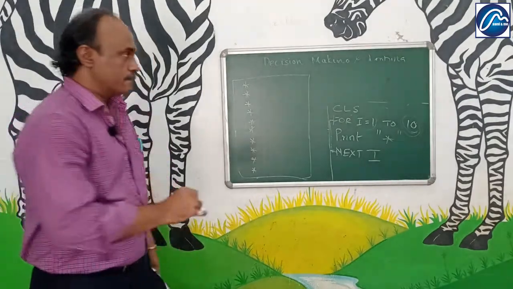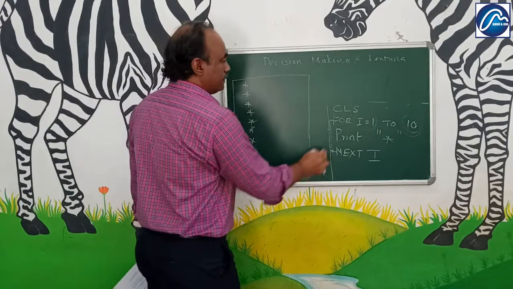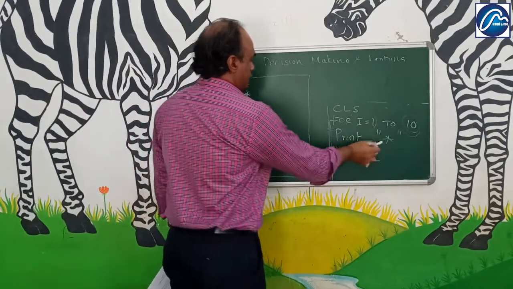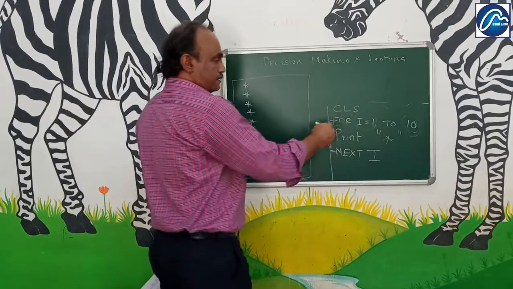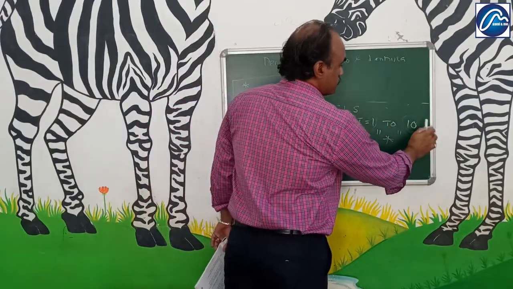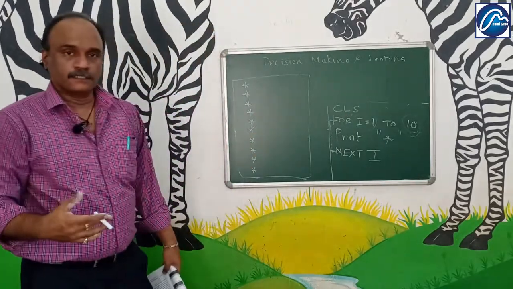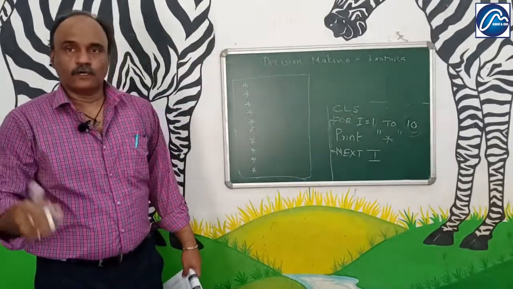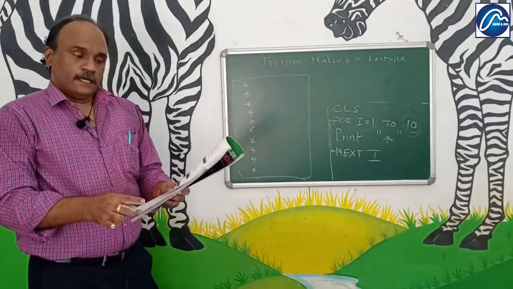Understanding? CLS, the screen gets cleared. For I initial value 1, it is printing. Then the value gets incremented. See, I have not given any conditions towards the right-hand side, so the value gets added one after the other. I is equal to 1, 2, 3, 4, 5, 6, 7, 8, 9, 10. Understand?